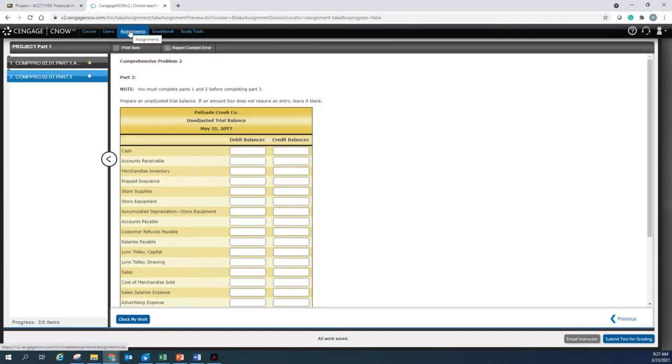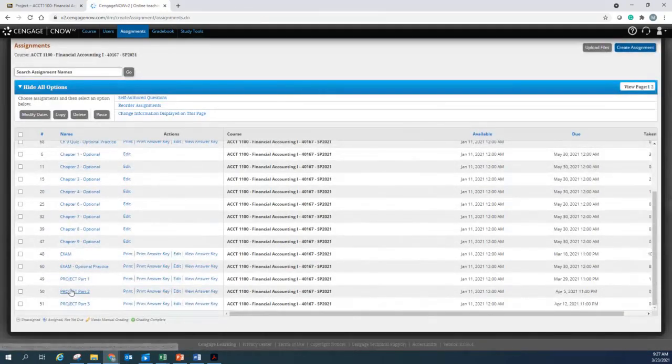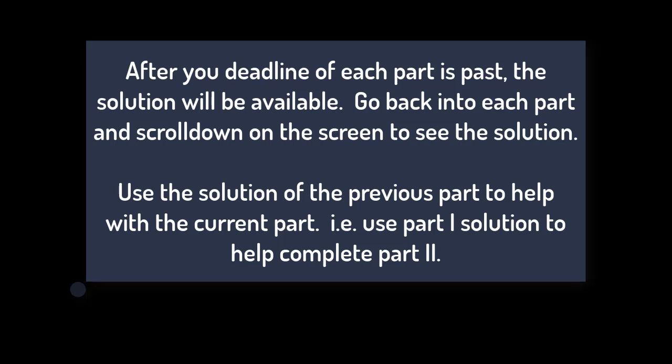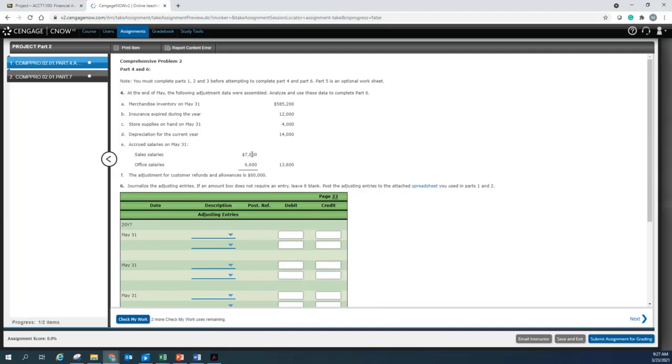Then the week after, you do project part 2. Let's take a look at part 2. We will use what we do with part 1 to do part 2, and then we will use part 2 to do part 3. Use part 1 and 2 to do part 3. If you did part 1 incorrectly, then you will not have the right answer to do part 2.